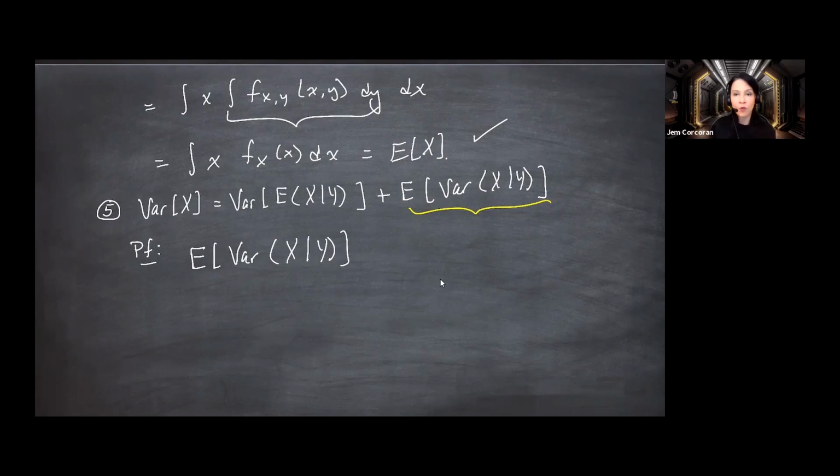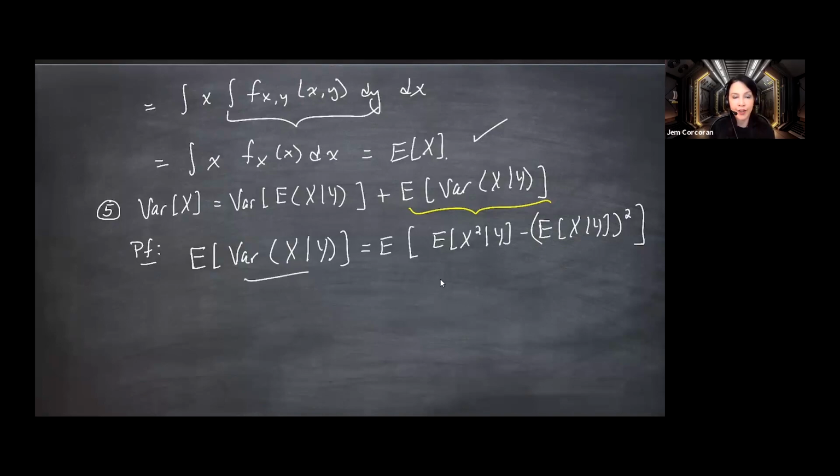It's just that the given y comes along for the ride. So this is the expected value of x squared given y minus the expected value of x given y all squared. Because really, this is just a plain old variance, but the PDF you're integrating against is a conditional PDF.